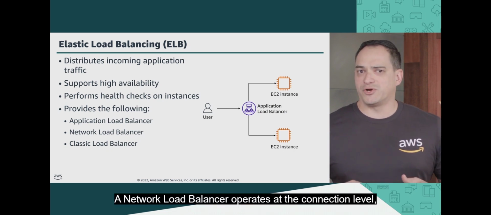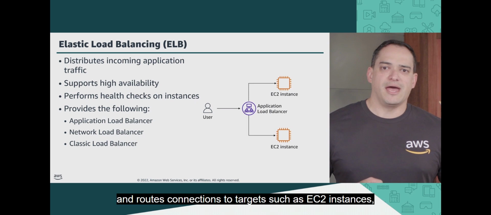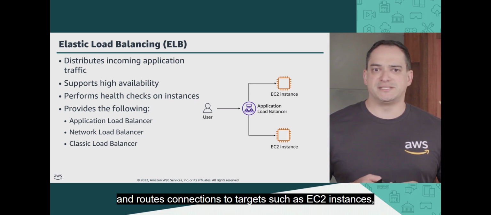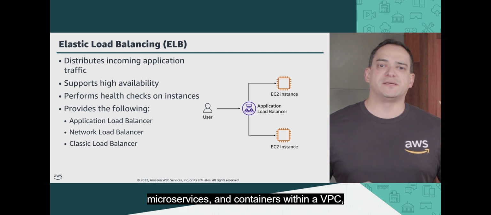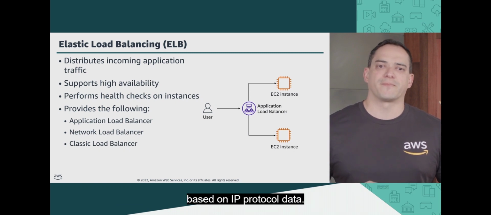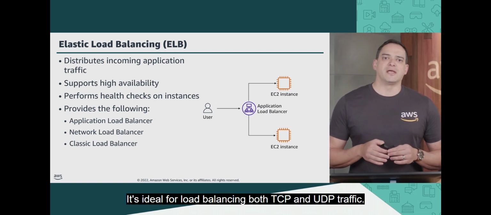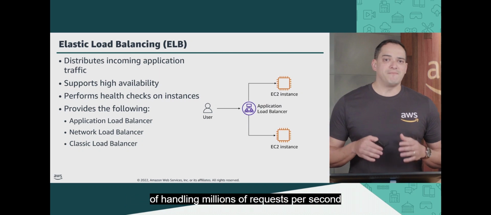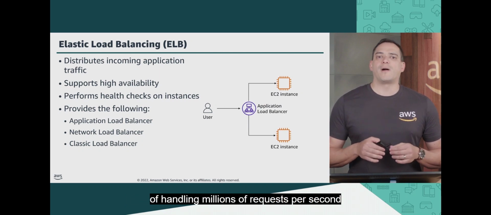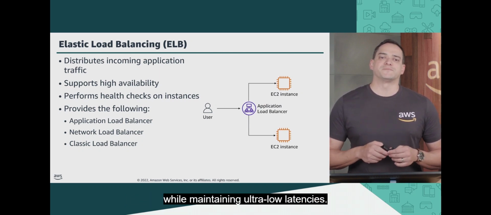A network load balancer operates at the connection level and routes connections to targets such as EC2 instances, microservices, and containers within a VPC based on IP protocol data. It's ideal for load balancing both TCP and UDP traffic. This type of load balancer is capable of handling millions of requests per second while maintaining ultra-low latencies.